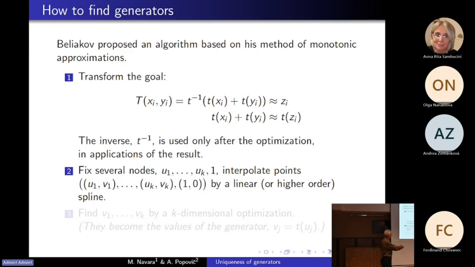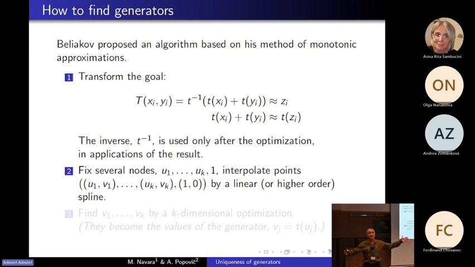And then interpolate values of the generator on these points. The last one being that the value at 1 must be 0. That's obvious for the additive generator. So that's the last node. And approximated in the simplest case by a linear spline, by piecewise linear function.